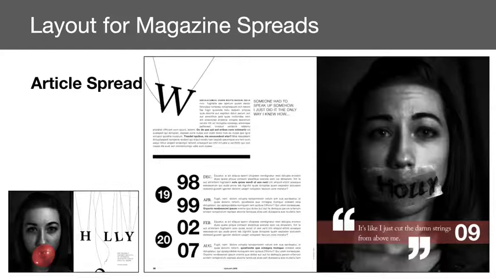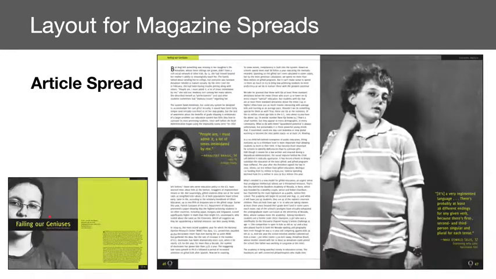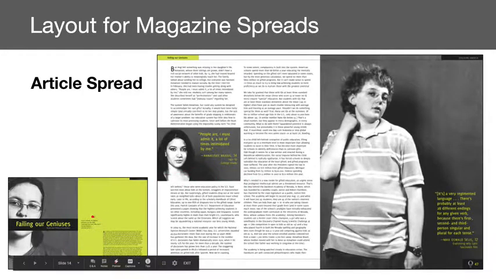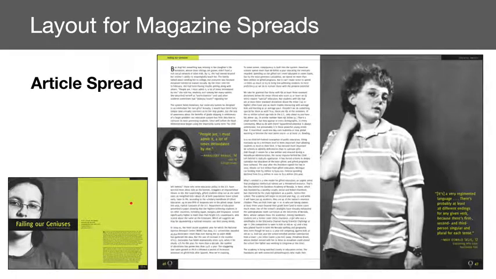Let's flip back up to the opening spread. And again, another one here. This is a split article spread, because it's split between the image and the text. You have image. This is the opening spread here. There's a great amount of negative space to leave for contemplation.